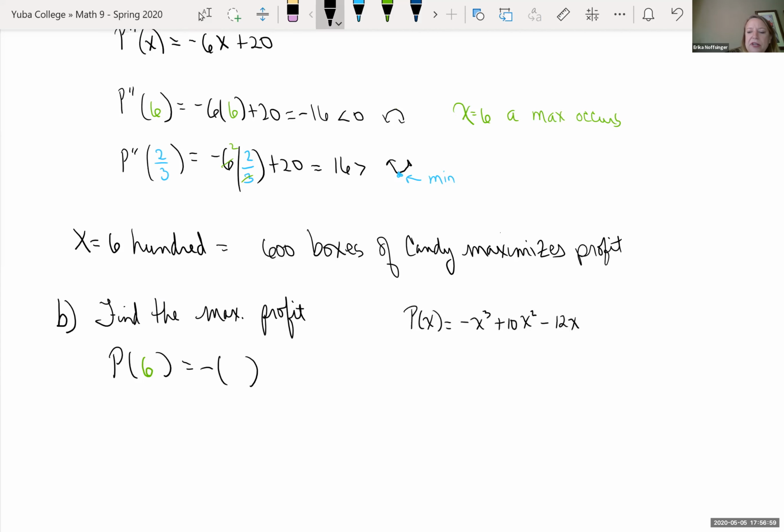We're gonna put in 6 there and cube it, plus 10 parentheses. We're gonna plug in 6 there and square it, minus 12 all times 6.